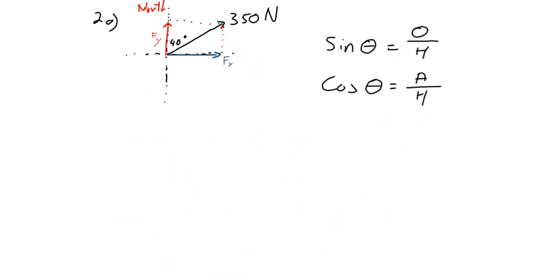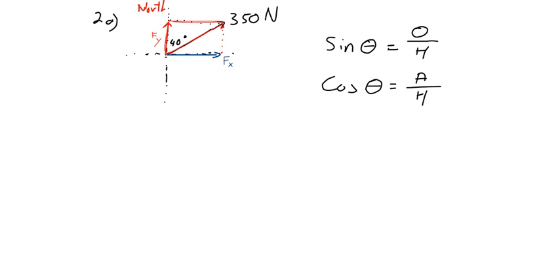So I'm dealing with I and II. So let's do F of y. What is F of y? Well, if I look at my diagram and I look at this triangle over there, this one, that is my hypotenuse, this is my opposite, this is my adjacent.